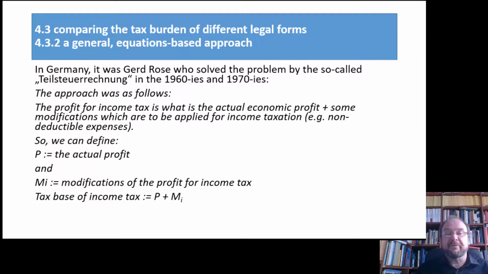So genuine profit plus non-deductible expenses minus tax-free amounts, all that is added here, non-deductible amounts, deductible amounts, which have nothing to do with the economic profit, all that is MI, modifications of the profit for income tax purposes.